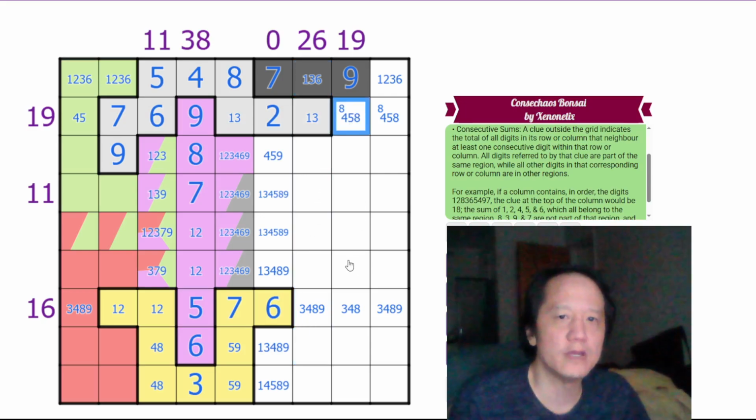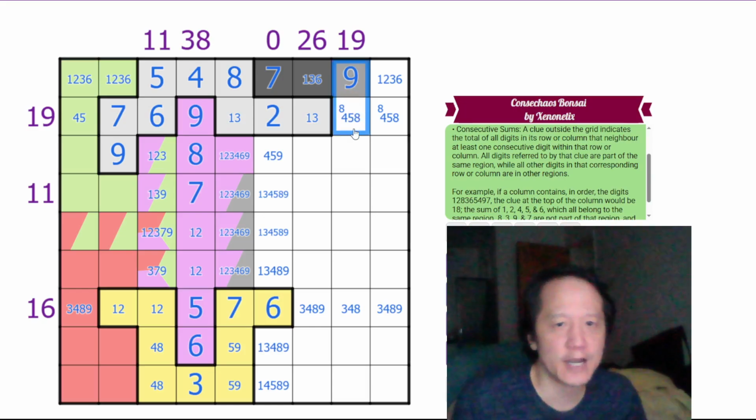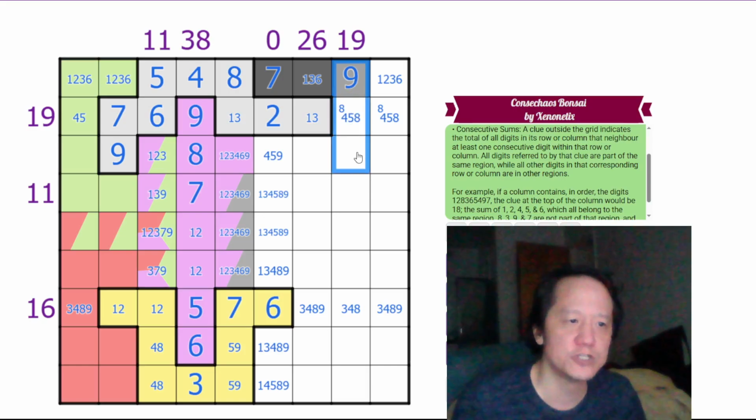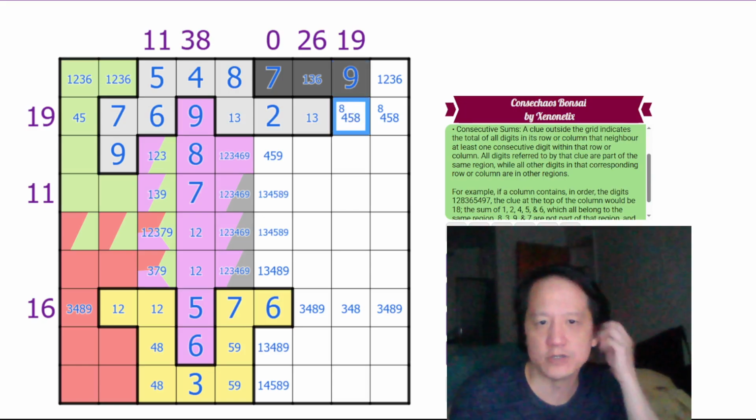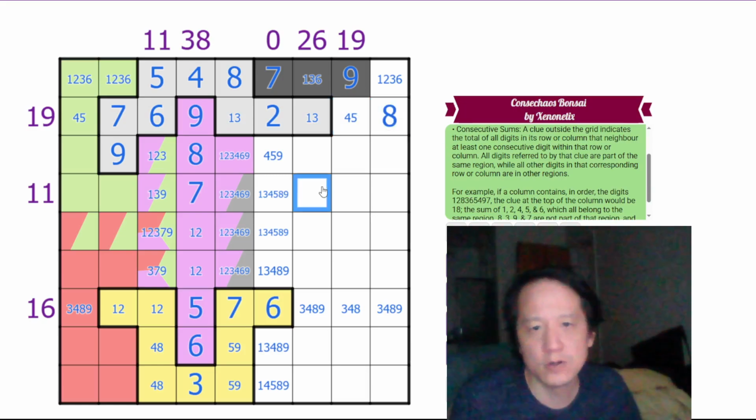This cannot be 8 here. If this were 8, these 9 and 8 would have to be consecutive and would be considered part of the region, but that would only add up with 2 to add up to 19, and 2 is not consecutive with another digit. So this cannot be 8, which forces this to be 8 here.